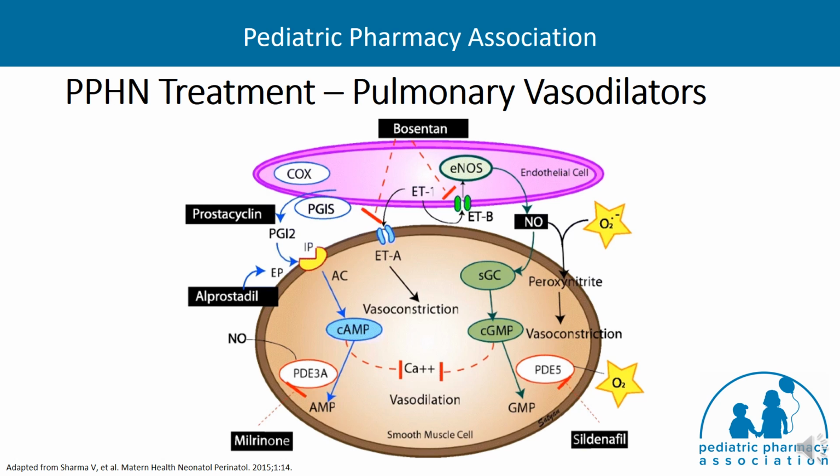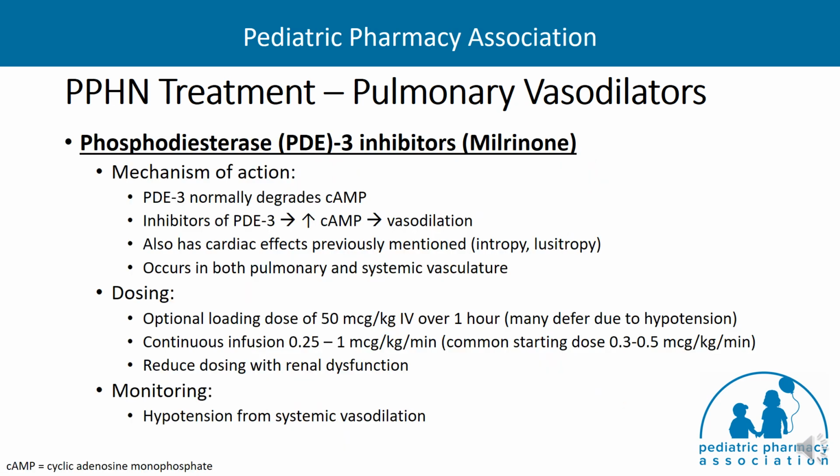The next class we will discuss are the PDE3 inhibitors, which includes milrinone. As a reminder, milrinone was previously discussed in the blood pressure section, since it also functions as an inotropic agent for PPHN. So due to this, milrinone is likely the pulmonary vasodilator of choice in patients with left ventricular dysfunction, as we mentioned previously.